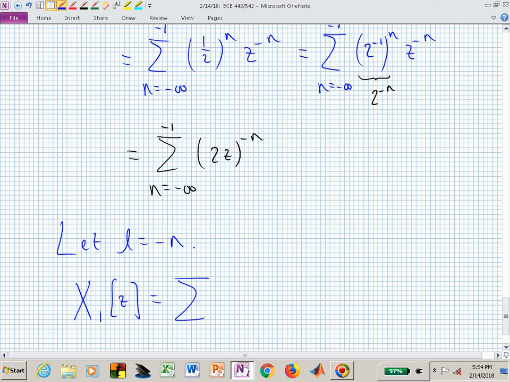But if I'm changing the limits, I'm going to flip-flop: put 1 downstairs and infinity upstairs and index that through L. I now have L equal 1 to infinity, 2z to the L.